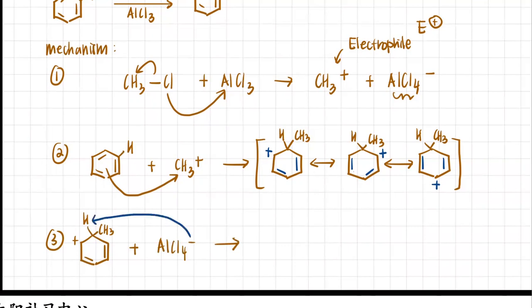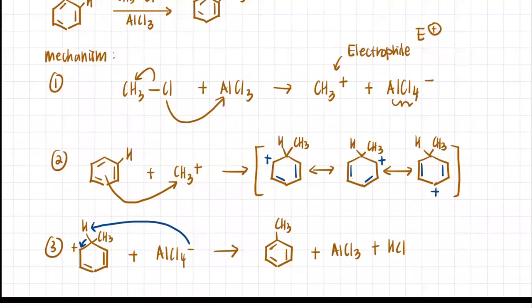The electron from the hydrogen bond goes back to the positive charge and forms a double bond. So this is the mechanism of alkylation.